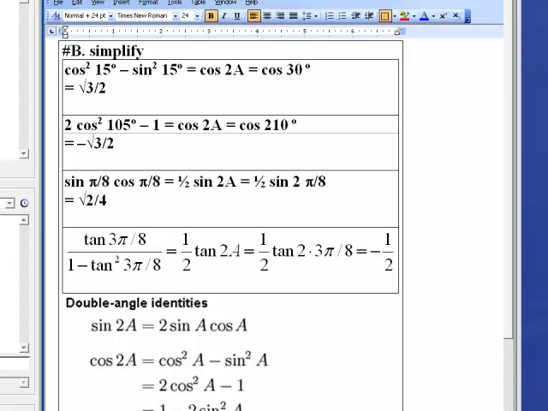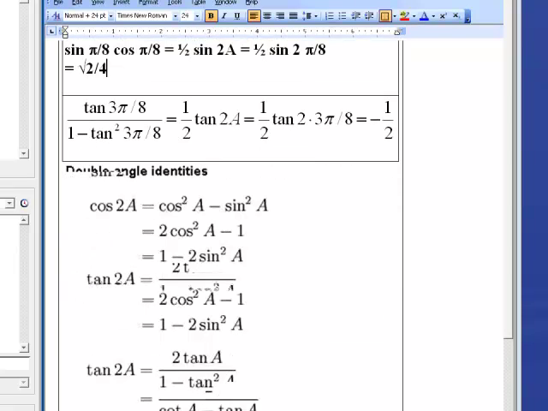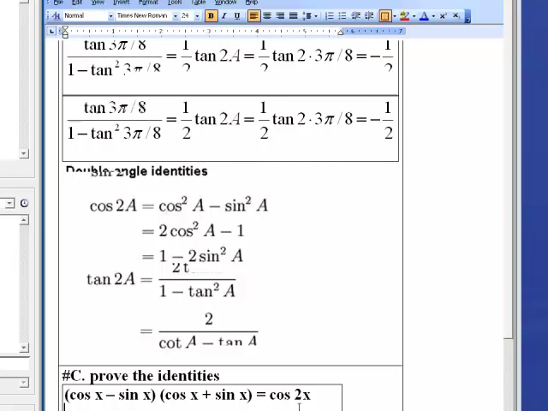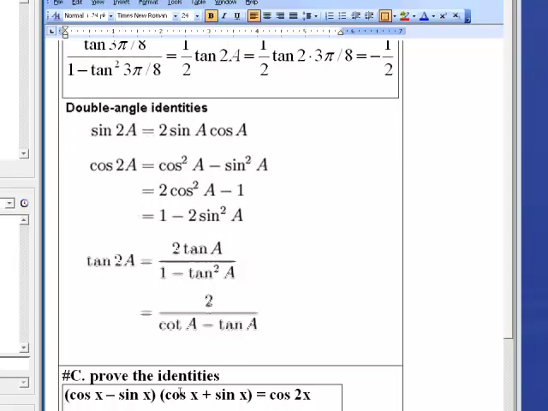Prove this identity. I better double check that I typed it in correctly. Looks correct. Okay, I believe this is going to be really, really quick. We have, of course, the difference of squares on the left-hand side, so we're going to have cosine squared minus sine squared equals cosine 2x, and I put the square in here.